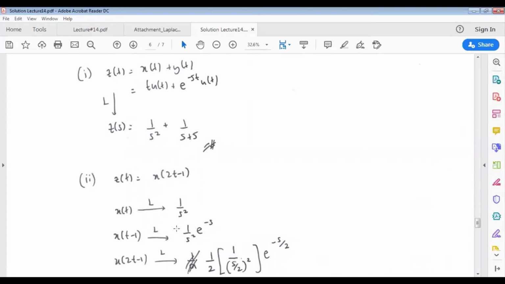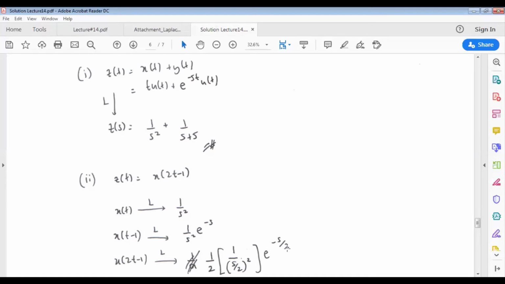If x(t) experiences a time shifting of 1, the result for the Laplace transform will be 1 over s squared times e^(-s). You can refer to the time shifting properties. Subsequently, when we consider the inclusion of time scaling, x(2t minus 1), the Laplace transform is simply 1 over 2, multiplied with 1 over (s over 2) squared, times e^(-s/2).